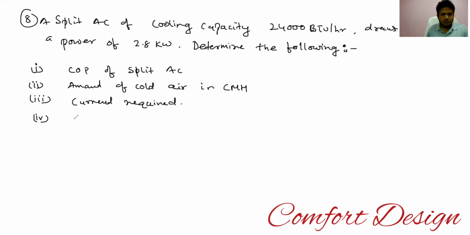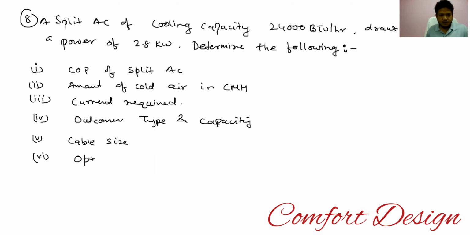Number four, outdoor type and capacity. Fifth number, cable size. Sixth number, operational cost. Cable size, that means cross section of cable.